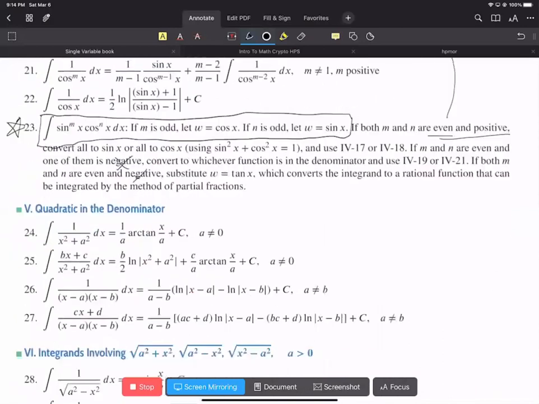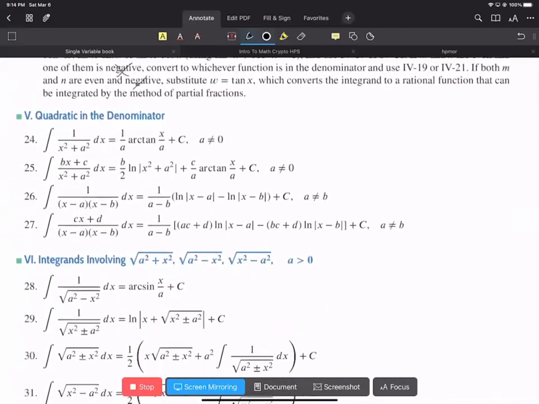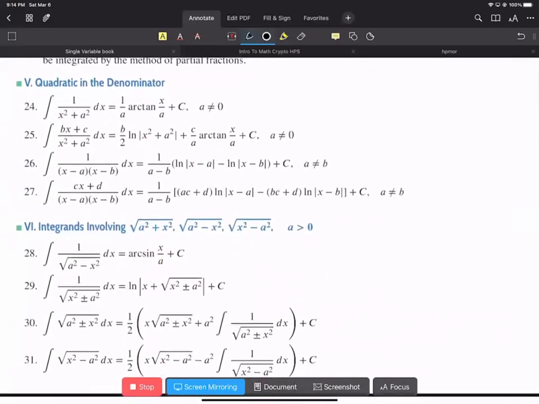And then the last ones, 24 through 31, are kind of a new idea. There's a couple of ideas: one's called partial fractions, and the other is called trigonometric substitution. Both of which are nice, and we'll look at them a little bit next week.